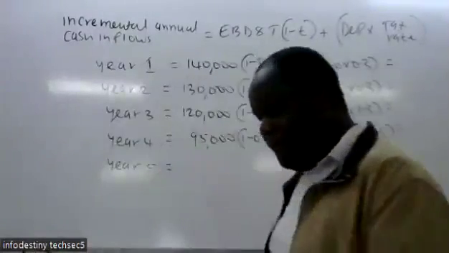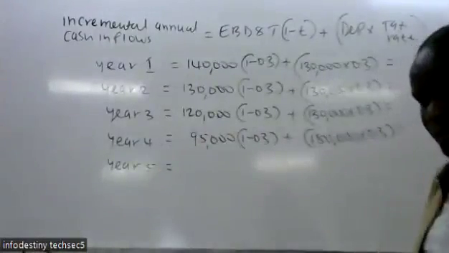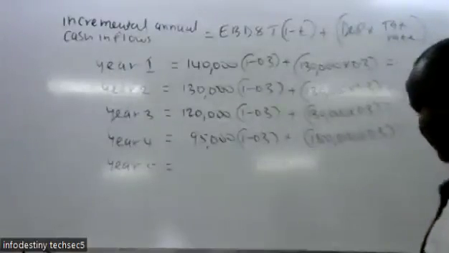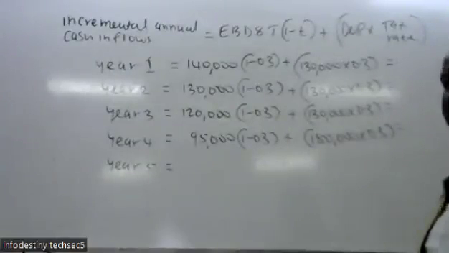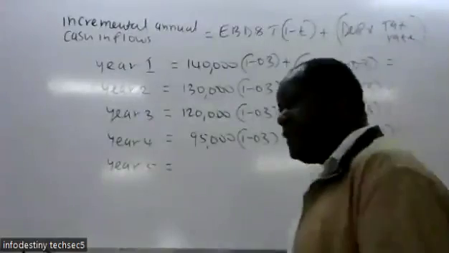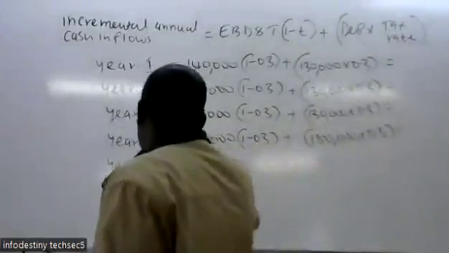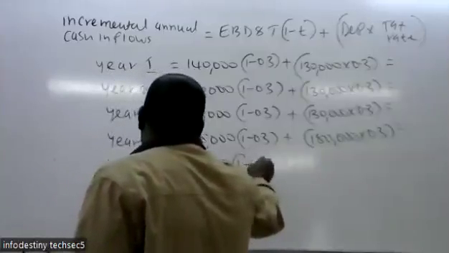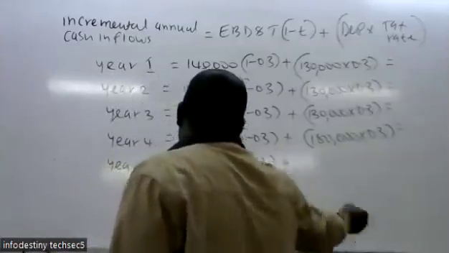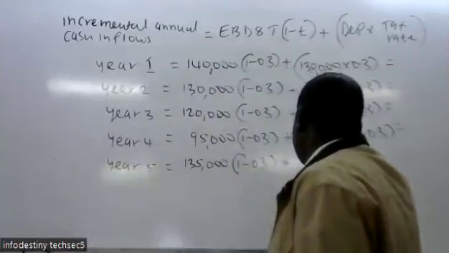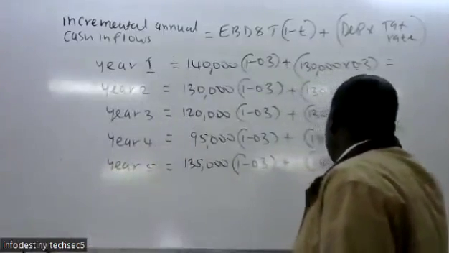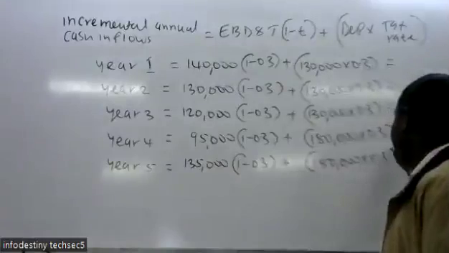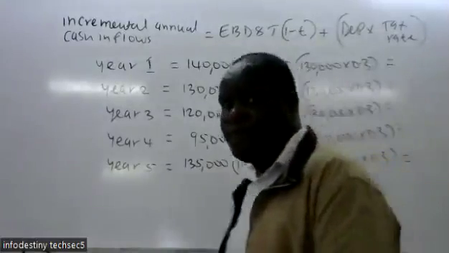So the one for year 5, it is also 270 minus 135, which will just remain 135. Also 1 minus 0.3. So this one was also 180 multiplied by 0.3.